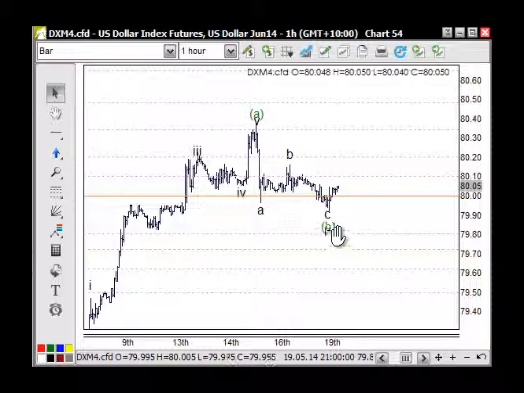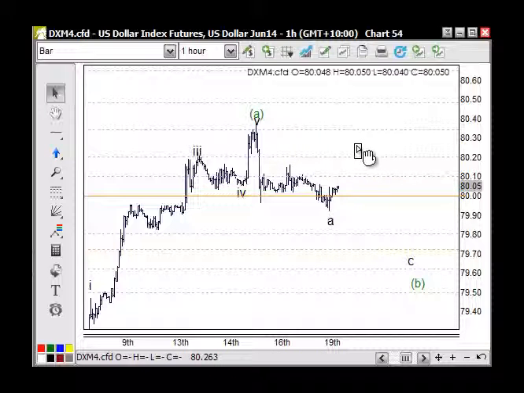This correction can simply expand into a larger pattern, with this as the A wave, this as a B wave over here in three waves up, and then a C wave here. It's hard to say how it goes. We could say that support on the 80-20, and then this market is moving further to the upside, because in the bigger picture we're looking for the A wave, the B wave, and the C wave further to the upside.